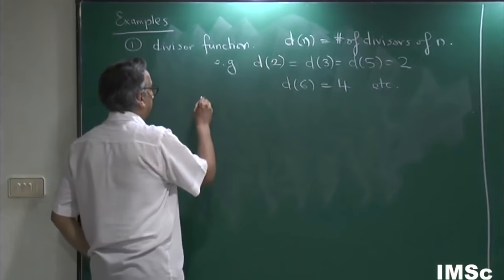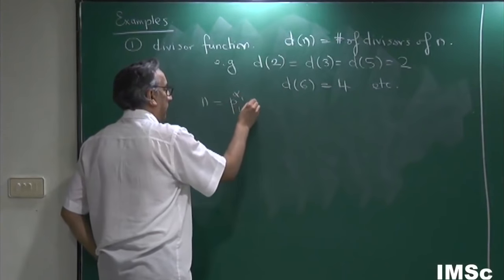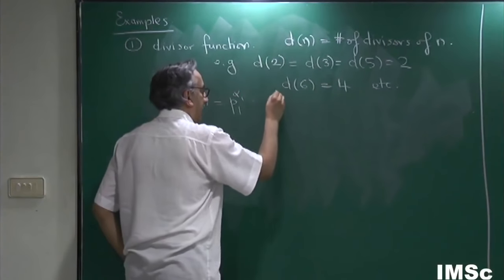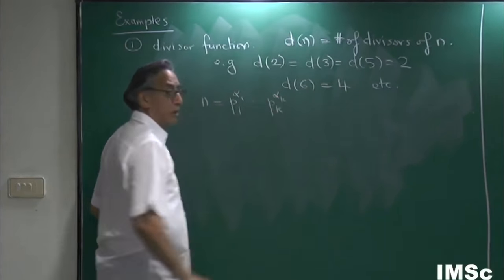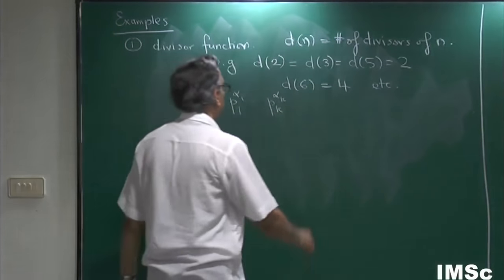So clearly, if I was given a number, now you know that every natural number can be written as a product of prime powers uniquely, the unique factorization theorem.